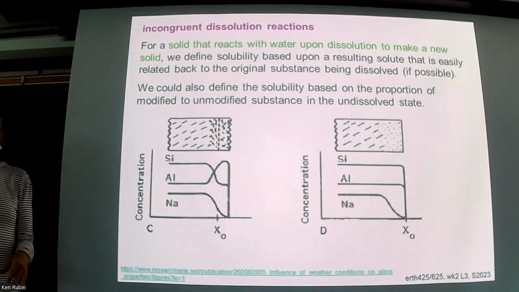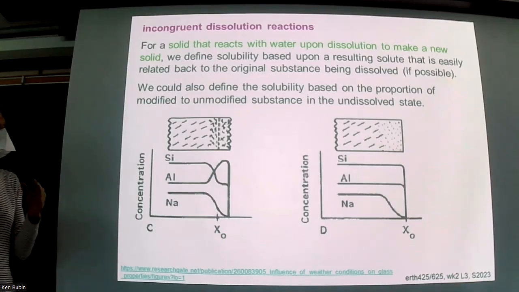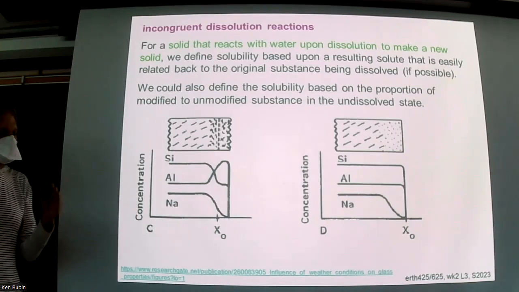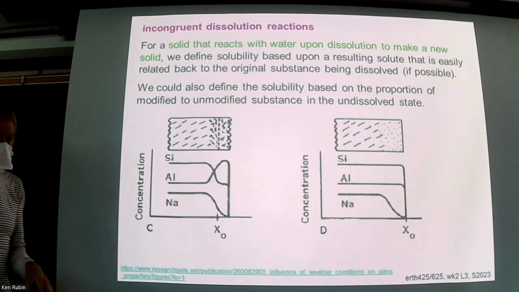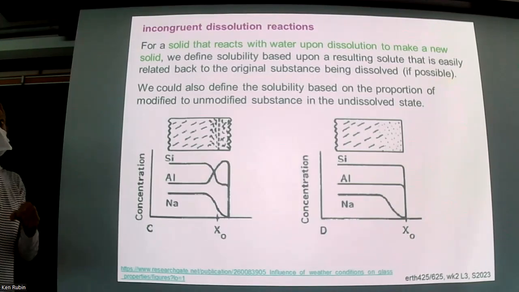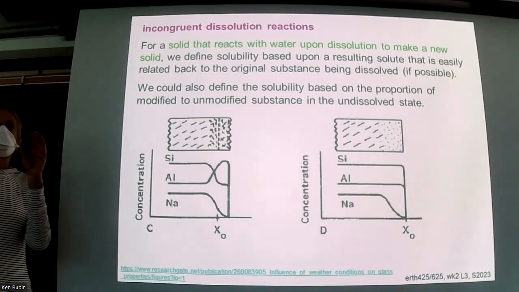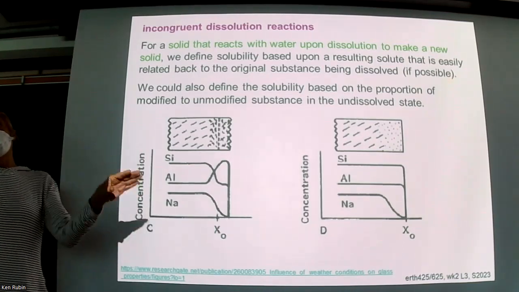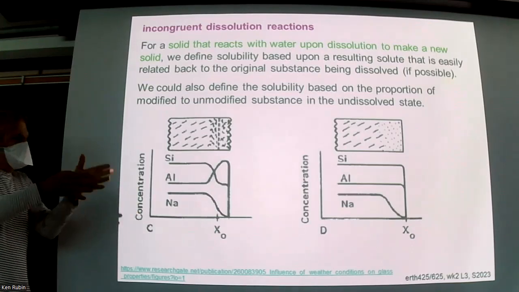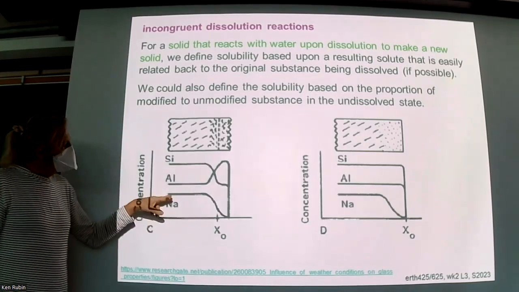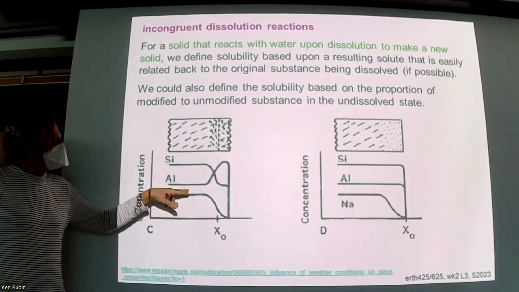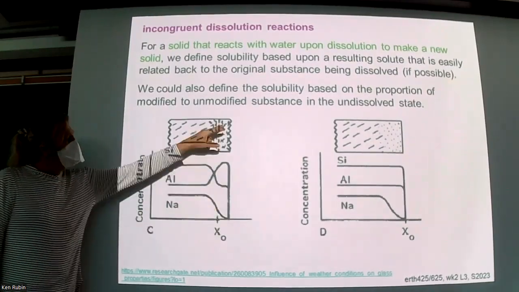Whether or not something is reacting congruently or incongruently, we can still define solubility by finding something that is produced into the water by that dissolution reaction and looking at its stoichiometric relationship back to the original solid it came from, right? So if we have something that, for instance, in this case, it looks like sodium is at some value and it goes to zero when we do this incongruent reaction.